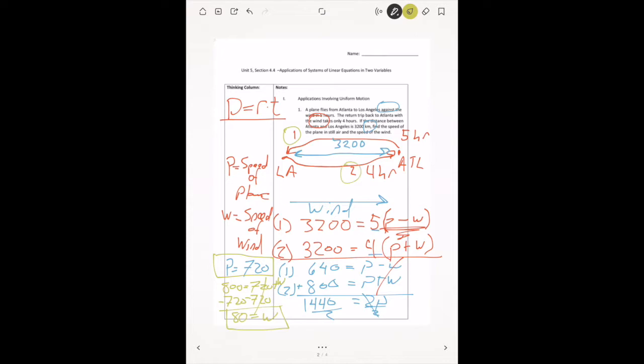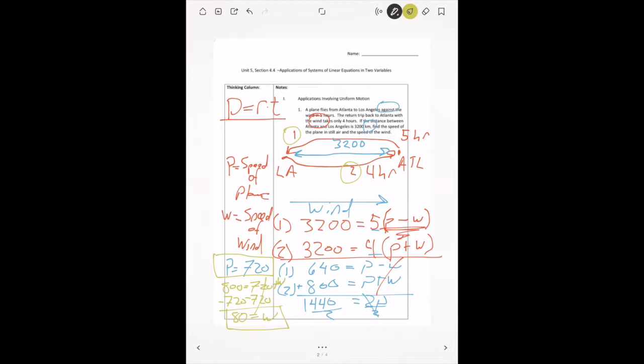And when we go back to Atlanta, when I have a much shorter trip, the plane thinks it's going 720, but in reality, the wind's pushing it an additional 80 miles per hour. So we're going 800 kilometers per hour. I know I keep mixing up miles and kilometers.